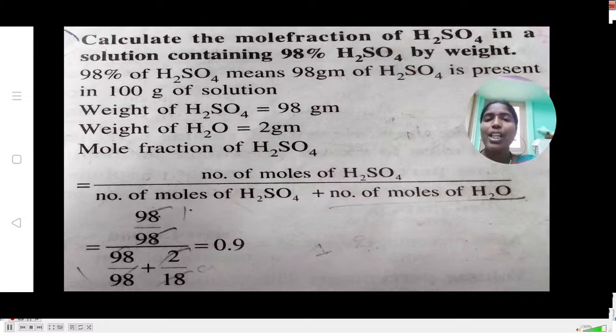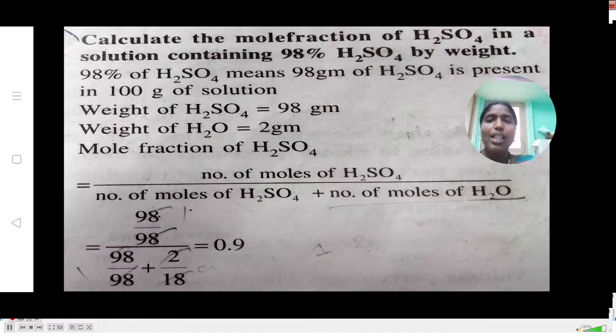Here the weight of sulfuric acid is 98 and the molecular weight of sulfuric acid is also 98, divided by 98 by 98 plus 2 grams of water.